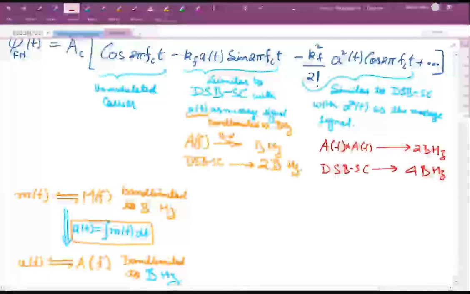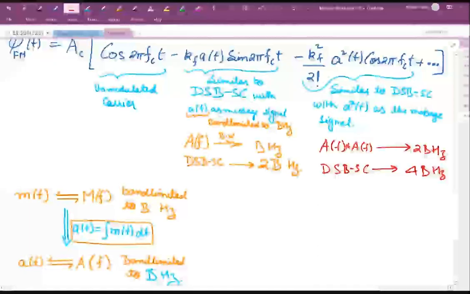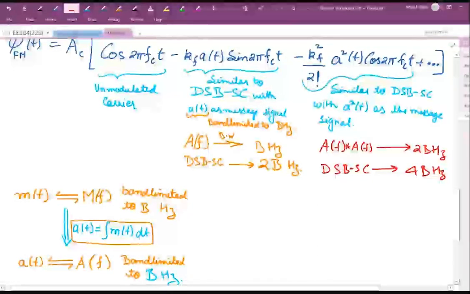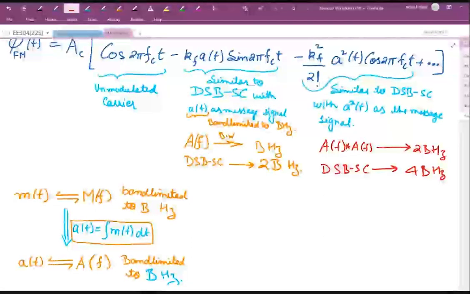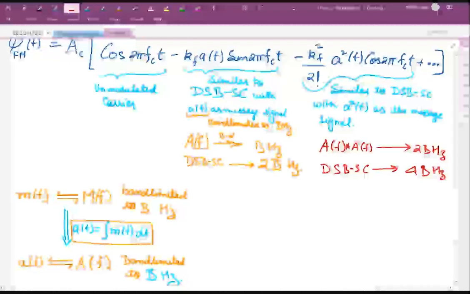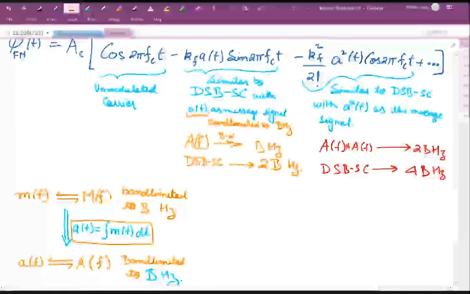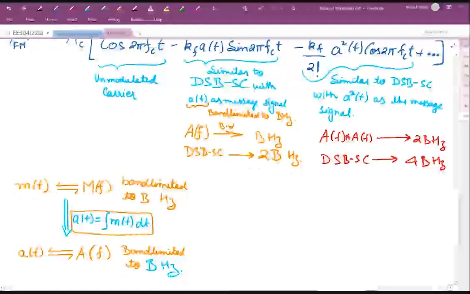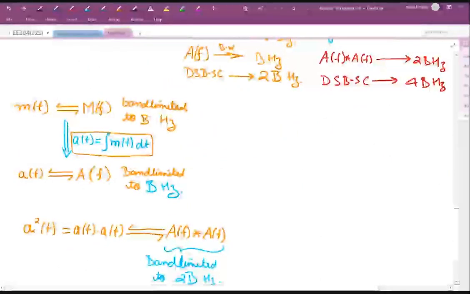Now, I haven't done the same for the next terms. So if I keep on seeing in a similar fashion, what do we get? The next term will have bandwidth which is again more than 4B, and it will keep on increasing. So if I calculate the overall bandwidth, the sum of all of them, what is the bandwidth of the modulated wave in this case?